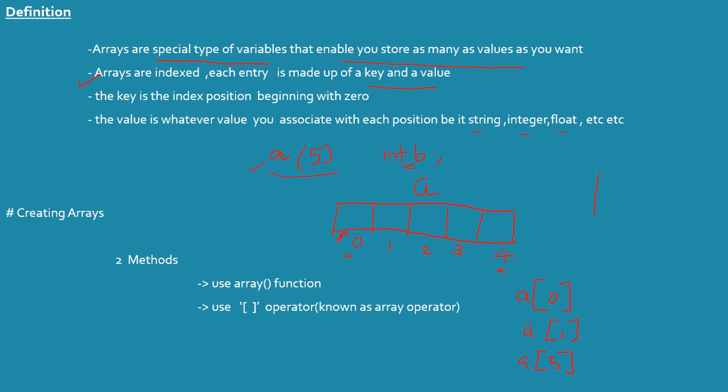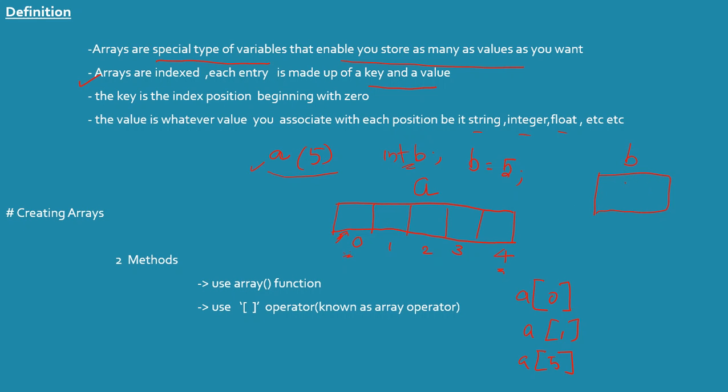Some location in memory may be labeled as B. For an assignment B is equal to 5, forget about the programming language, I'm assigning a value 5 to B. The memory location is temporarily labeled as B.